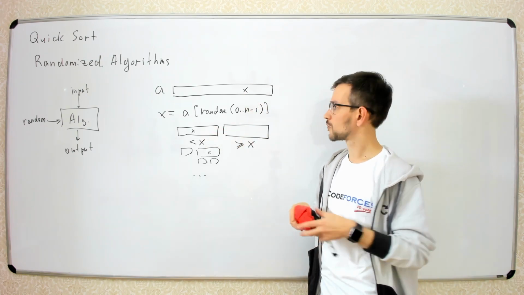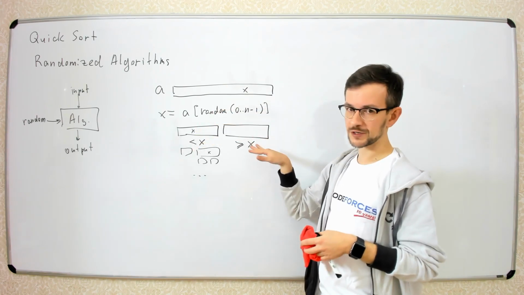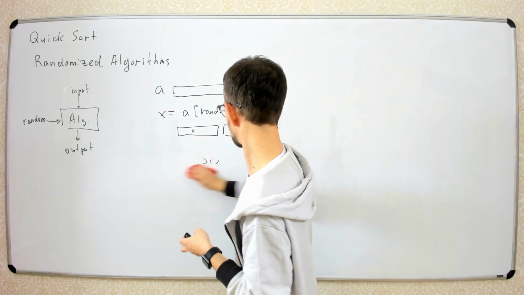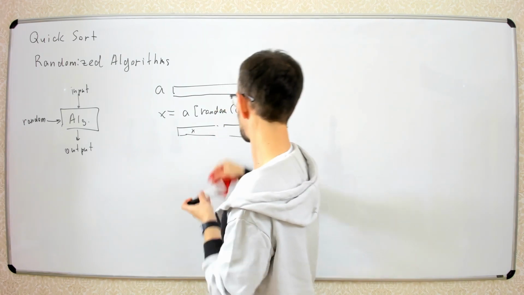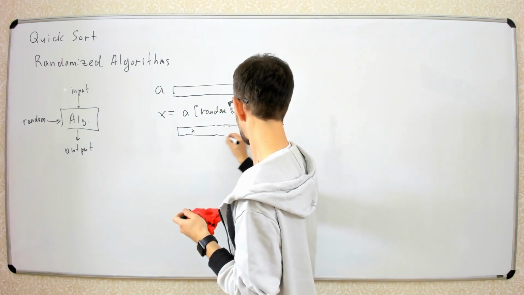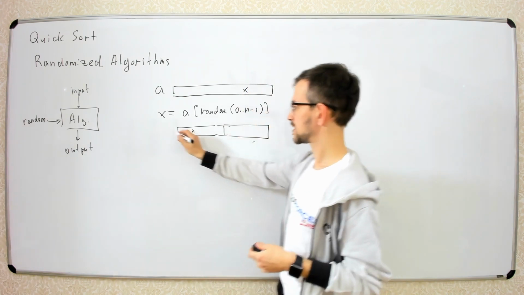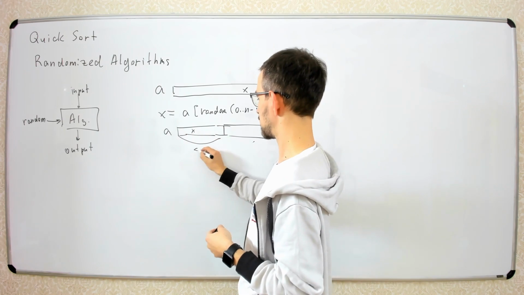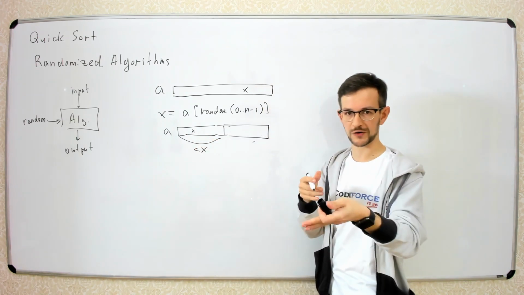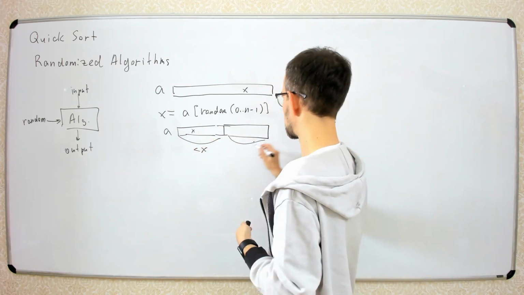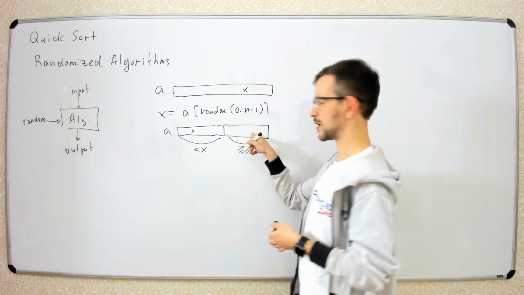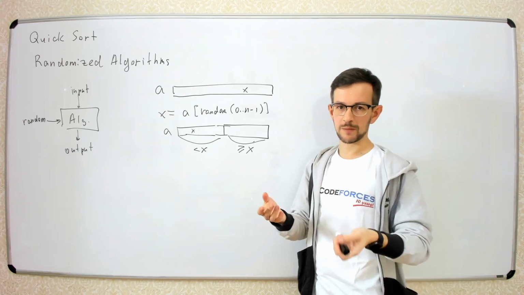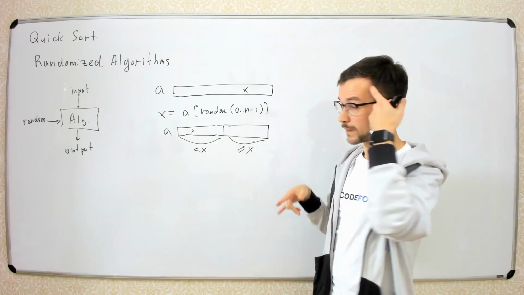So instead of splitting the array into two arrays, we will use the same array, but just split it in between. We'll use the same array A, put the elements less than x in the left half of this array, and elements greater or equal to x in the right part, and then call the same procedure for both parts.